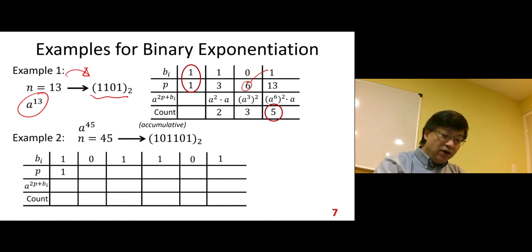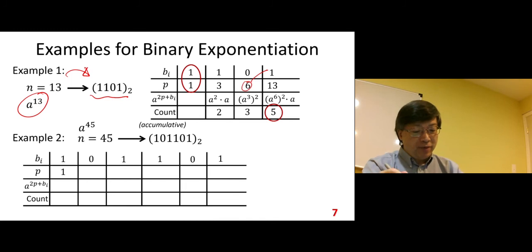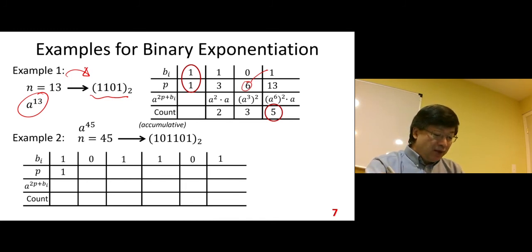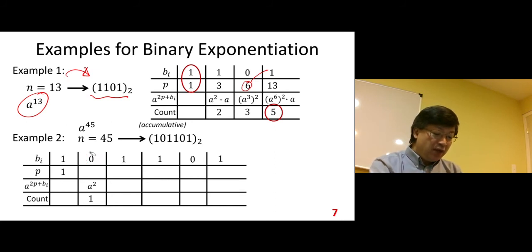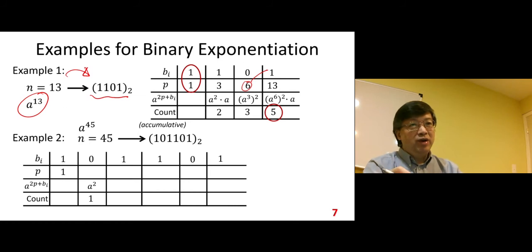First, we list all the bits from most significant to least significant. Then, let's work step by step. 0, we only take square. So 1 multiplication. Then, our P, double the previous P, 2.